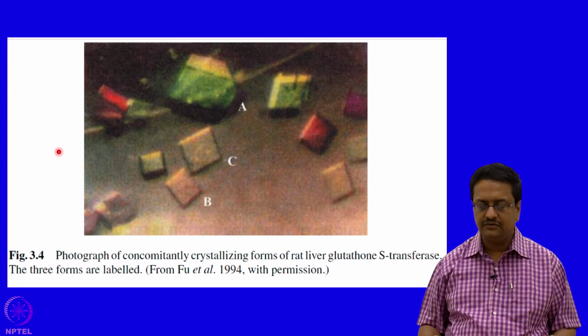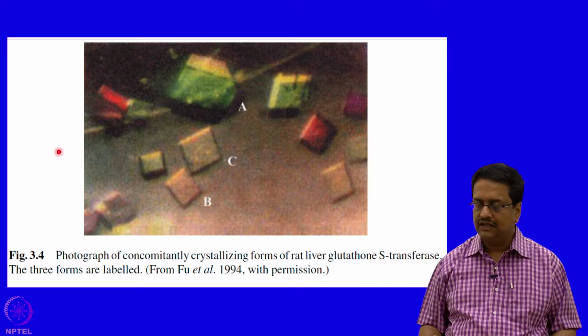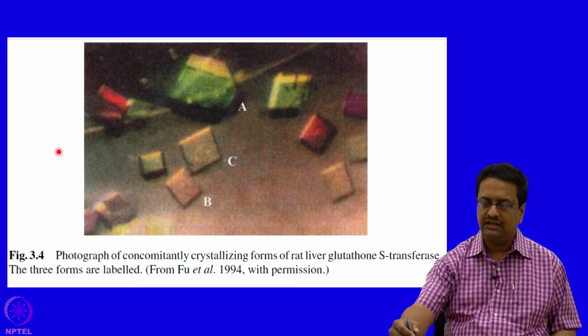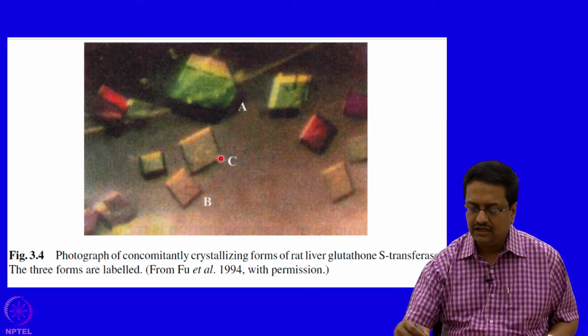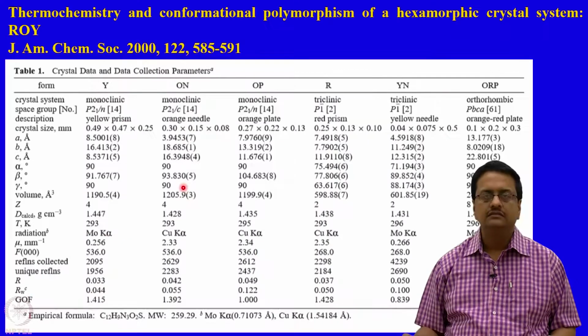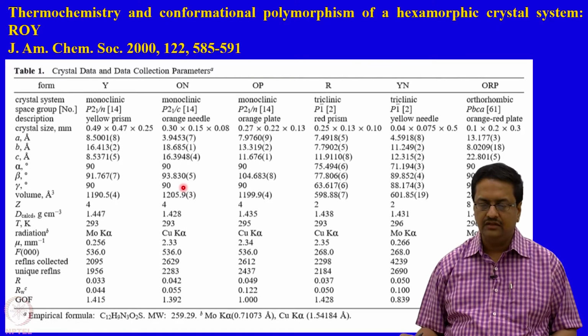Here is a photograph of concomitantly crystallizing forms of a rat liver glutathione S transferase. The three forms are labeled as A, B and C, and you can see these forms have different morphologies.